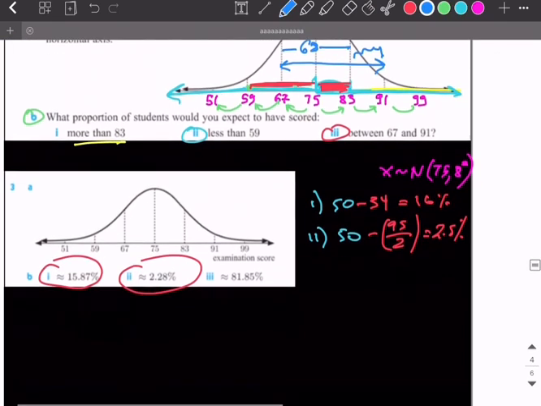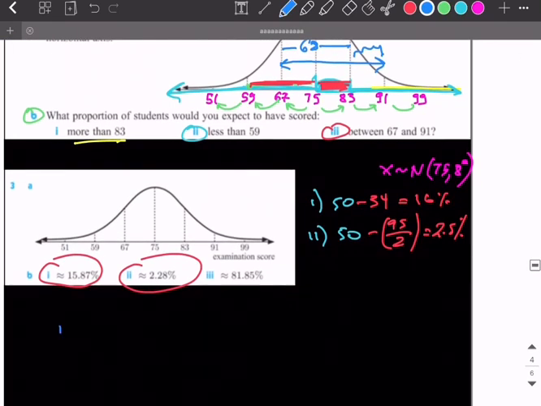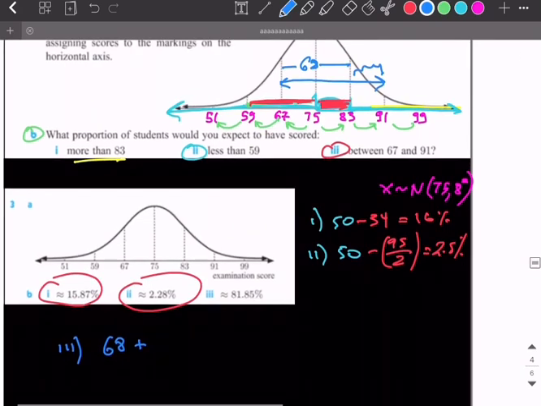So for 3, it's going to be 68 plus, so I'm looking for this part here. I know that from here to here is 34, so plus 34.